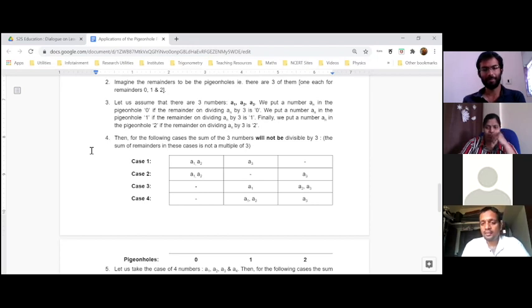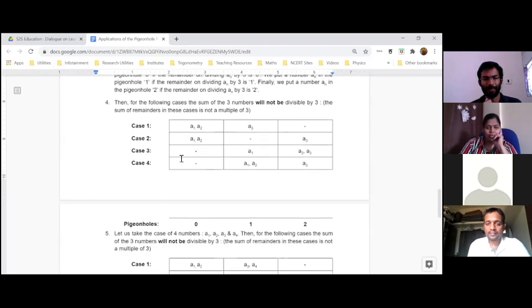And the third number, let's say A3, has remainder 1. So this is one case. The second case is A1, A2 in pigeonhole 0, and A3 in the third one, that means if you divide A3 by 3, the remainder is 2, and so on. So these are the 4 cases: case 1, case 2, case 3, case 4.